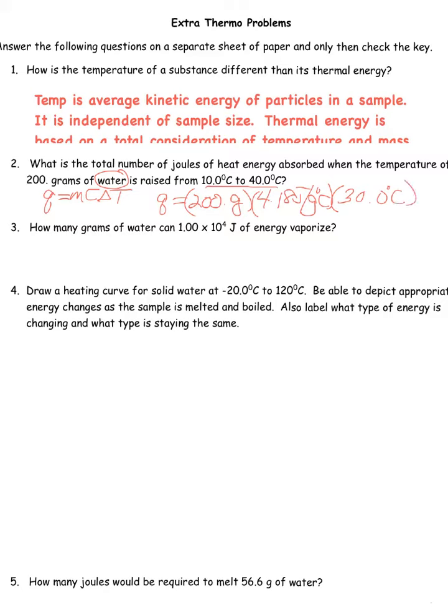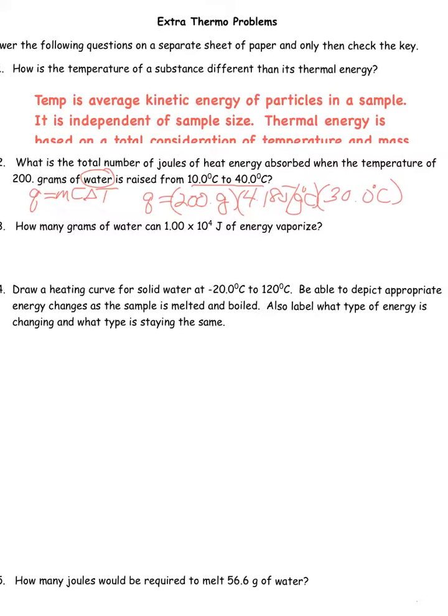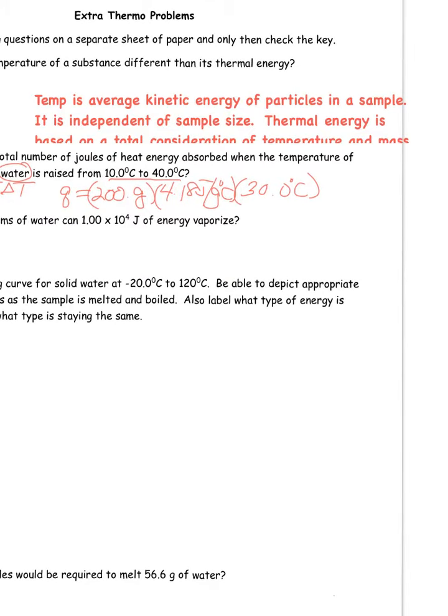When we put this in our calculator, we're going to get a Q that's pretty big, so we'll probably want to mention that in scientific notation: Q equals 2.51 times 10 to the 4th joules.